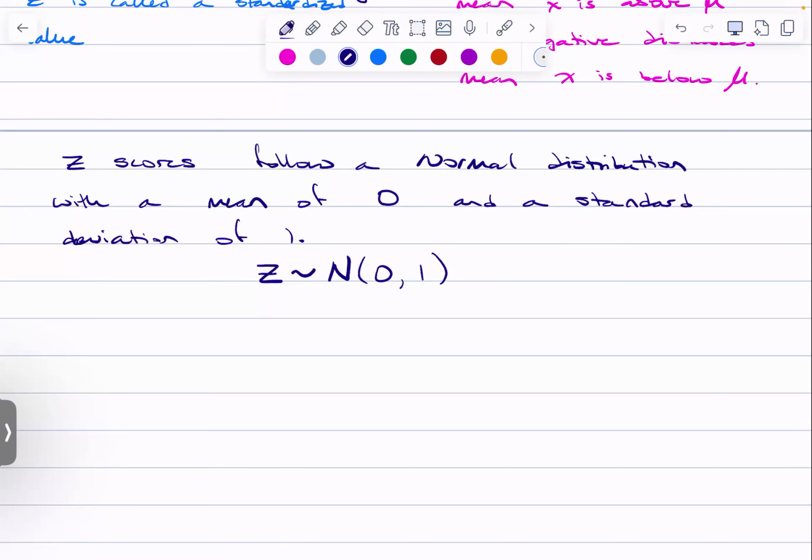Because the shape relies on the mean and the standard deviation, every new mean and standard deviation would need those areas recalculated. Whereas Z has a fixed mean of 0 and a fixed standard deviation of 1. And so way back, someone decided to make a table of all these things. That's where the Z table came from. They did all that calculus once and for all, and then could refer to a table.